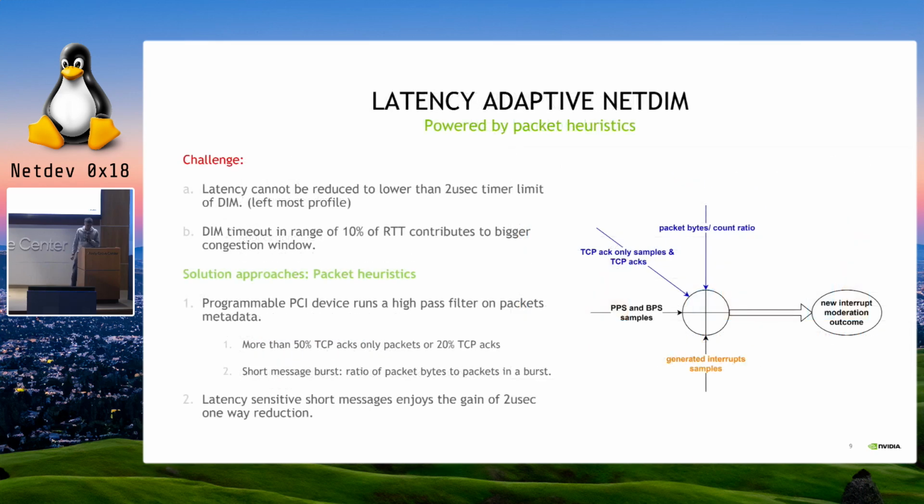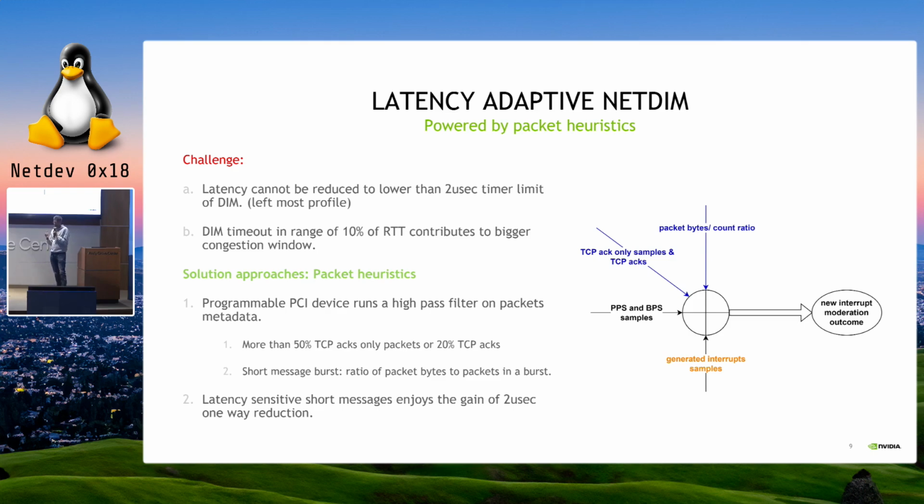So what we did is we started learning from the heuristics. The netdim algorithm already takes three parameters in consideration: packets per second, bytes per second, and the generated interrupts. These are the 3 parameters that exist. What we added to that is to learn how we can improve the latency for short messages, TCP/ACK messages.